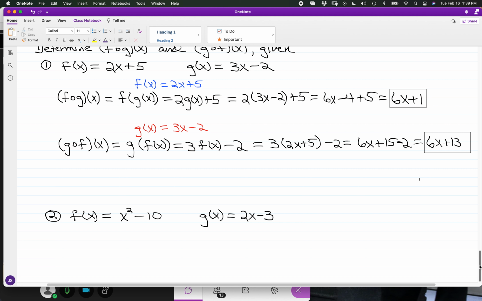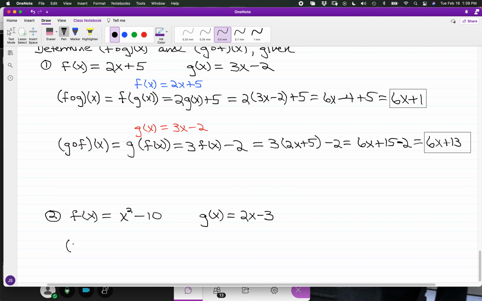Now, in the case of what we have with f of x at x squared minus 10 and g of x equal to 2x minus 3. So we have with these compositions, f composed with g of x. Okay, so you have f of g of x.